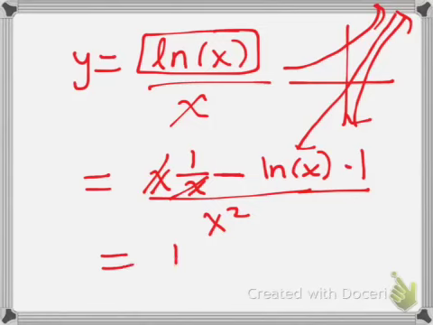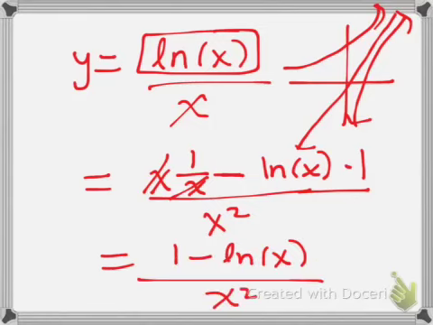So you have 1 minus natural log of x divided by x squared. Just keep practicing more questions on the exponentials, on the natural logs, and on the implicit. I believe this will be in test 2.